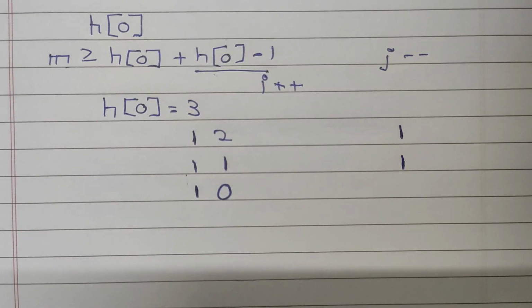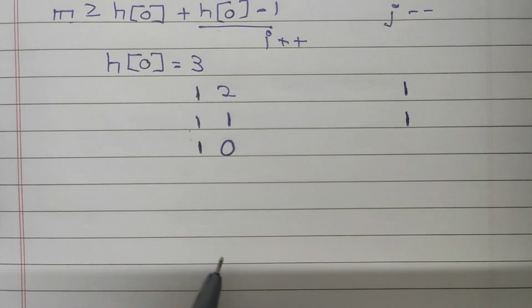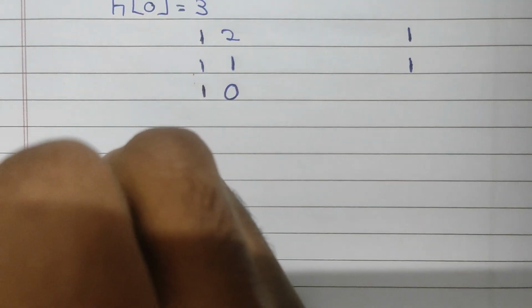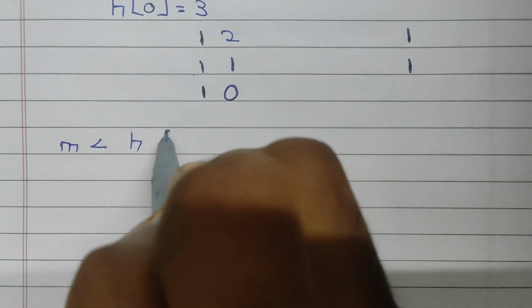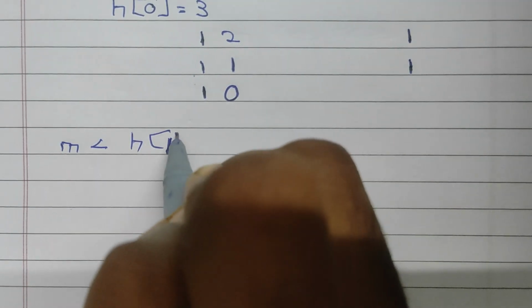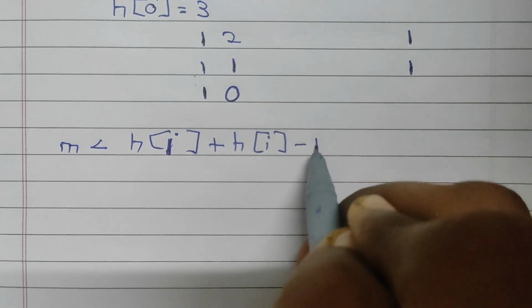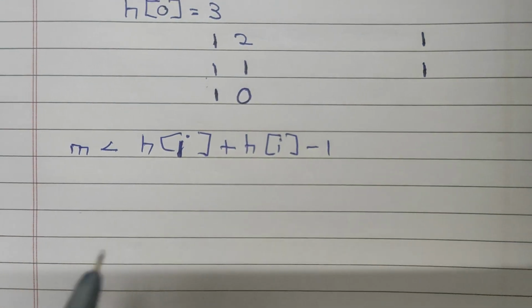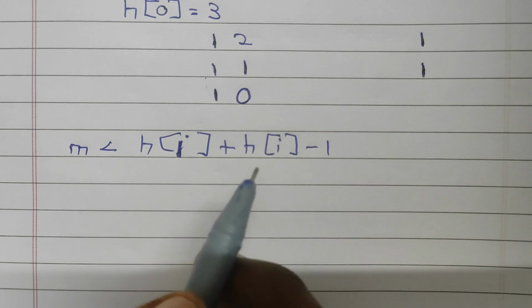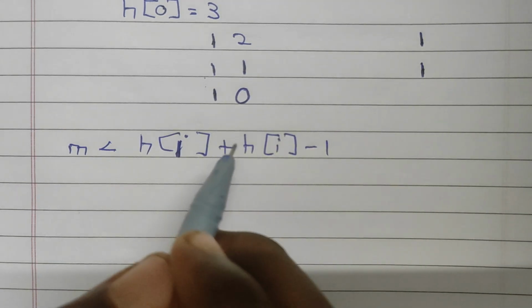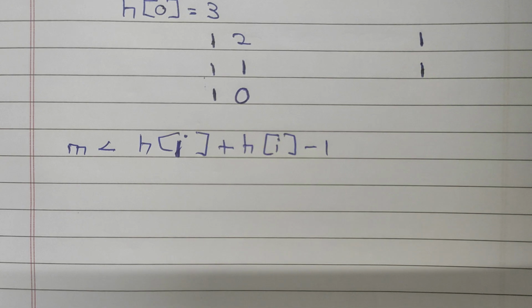Alright. Now, what about the case where M is less than HI plus HI minus 1? In this case, we are sure that we will not be able to collapse the ith fortress, or the first fortress.